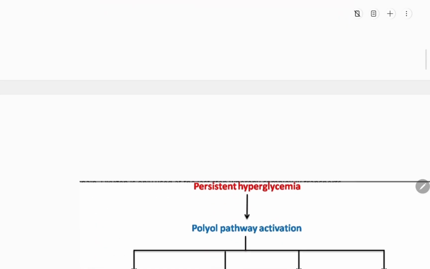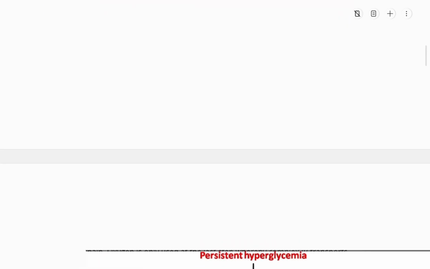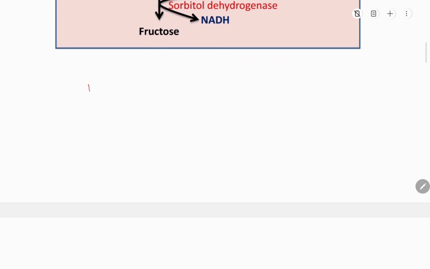Now there is another thing which is important to discuss. Let's first discuss non-enzymatic glycation. So what is this? Excess glucose undergoes non-enzymatic glycation, in which glucose molecules become attached to the proteins in the blood vessel. What will it cause?